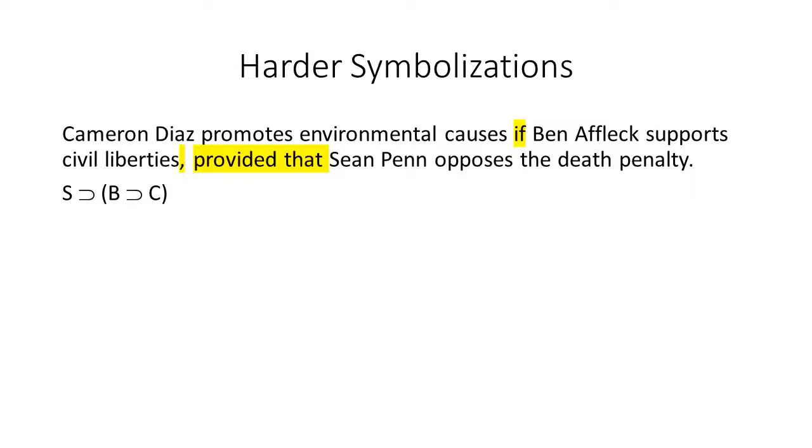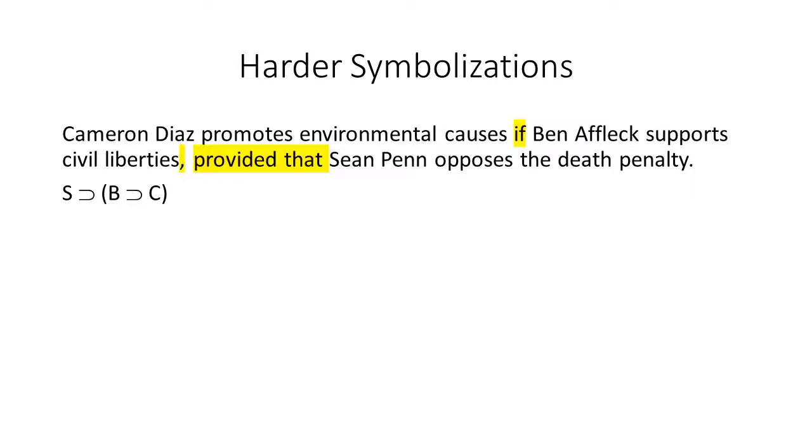So here's our final one, and it's the craziest, hardest one. Cameron Diaz promotes environmental causes if Ben Affleck supports civil liberties, provided that Sean Penn opposes the death penalty.